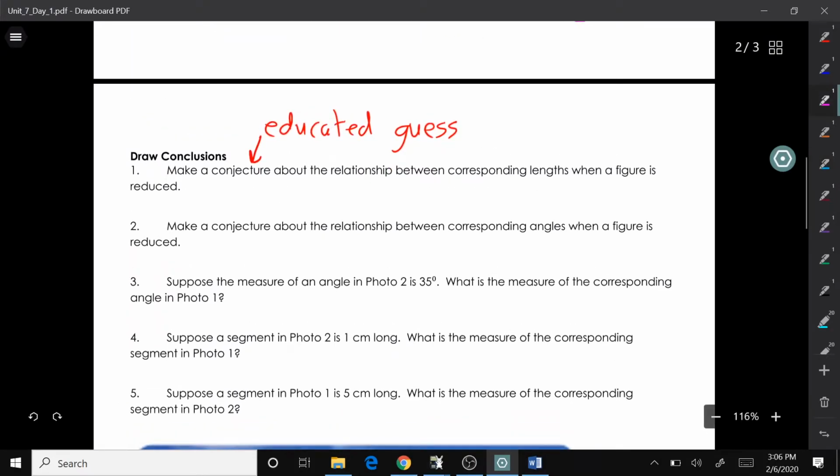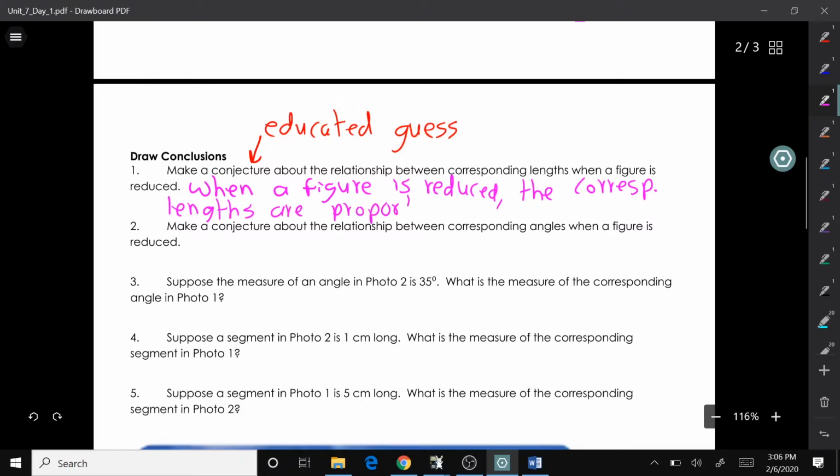So when a figure is reduced, the corresponding lengths are proportional.